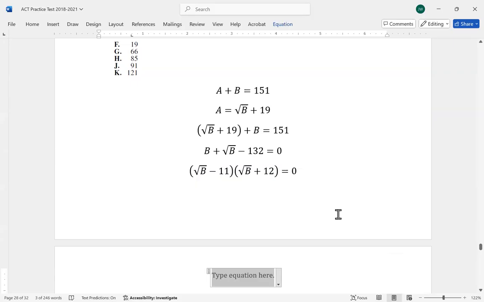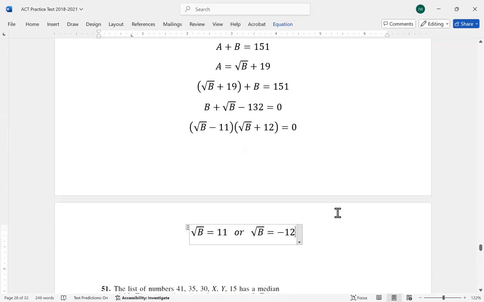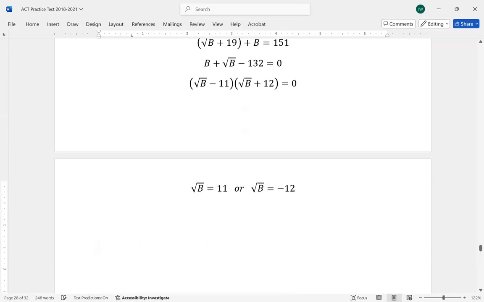So either the square root of B minus 11 is equal to 0, so the square root of B is equal to 11, or the square root of B is equal to a negative 12. Obviously, it's not going to be negative 12 because that would not make sense in the context of the problem. We need positive numbers.